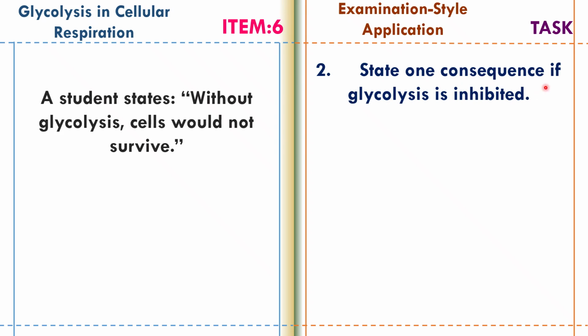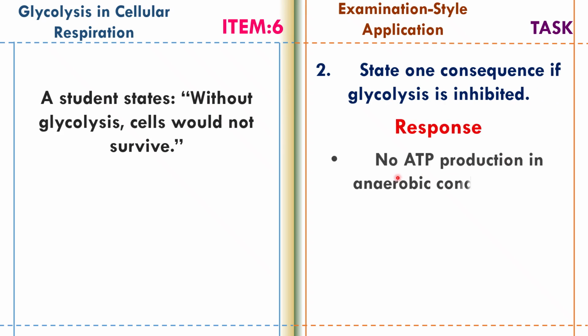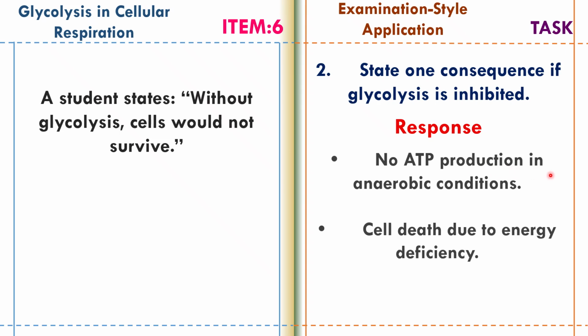State one consequence if glycolysis is inhibited. No ATP production in anaerobic conditions. Cell death due to energy deficiency.